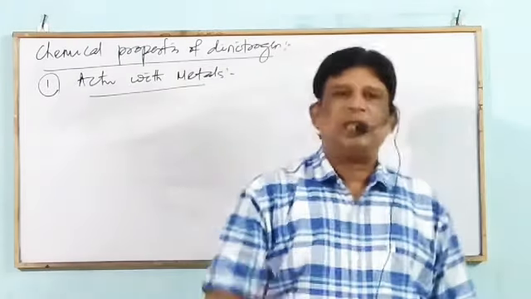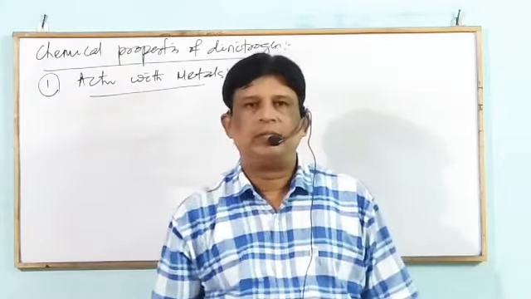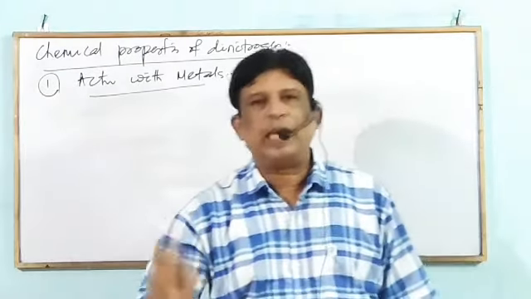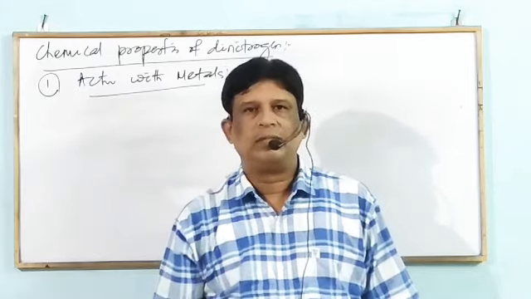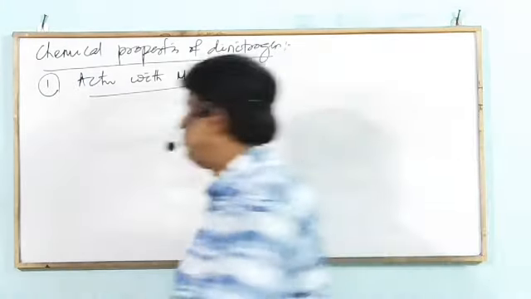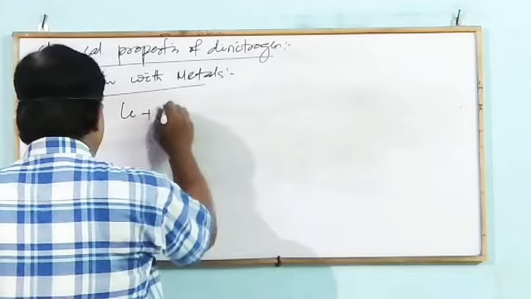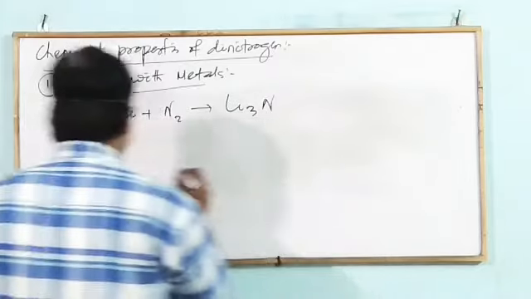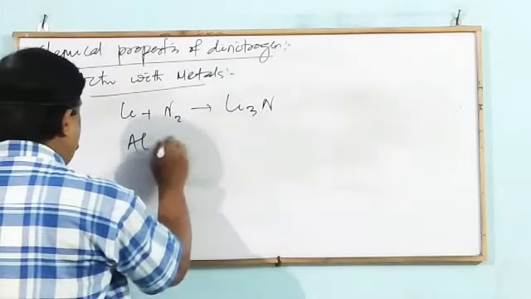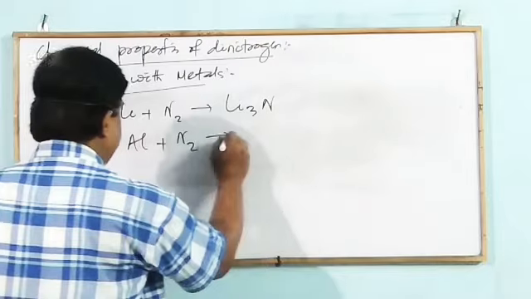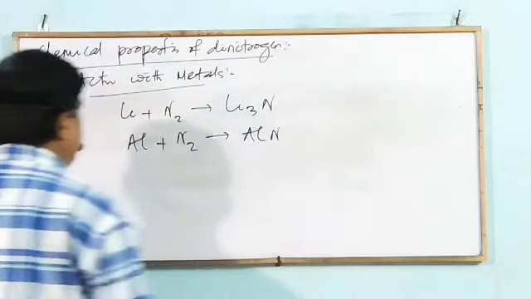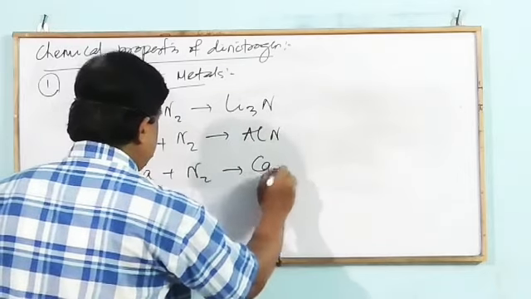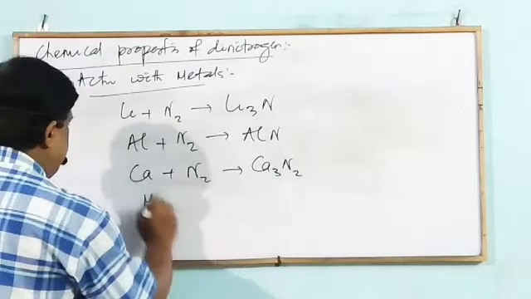When dinitrogen is treated with metal, it results in the formation of the corresponding metal nitride. For example, lithium plus dinitrogen gives lithium nitride. Aluminium plus nitrogen gives aluminium nitride. Calcium plus nitrogen gives calcium nitride.